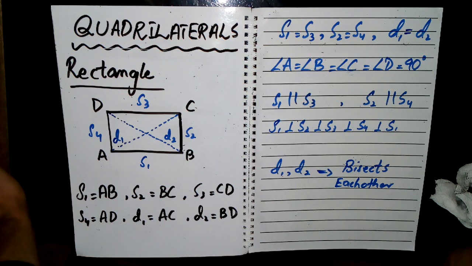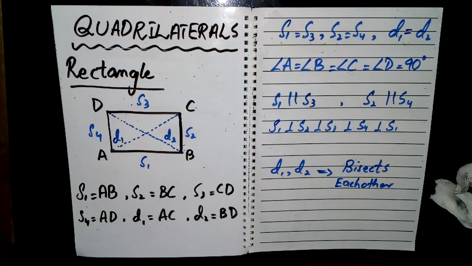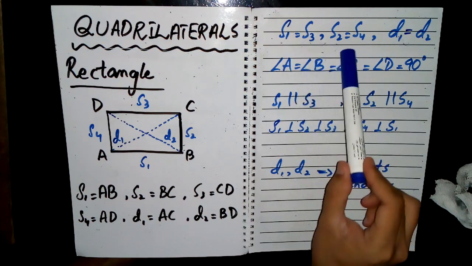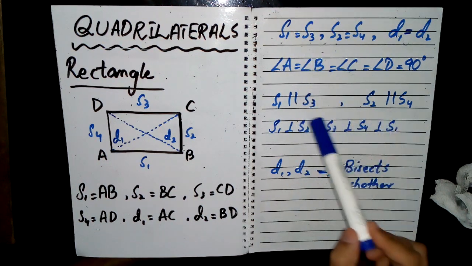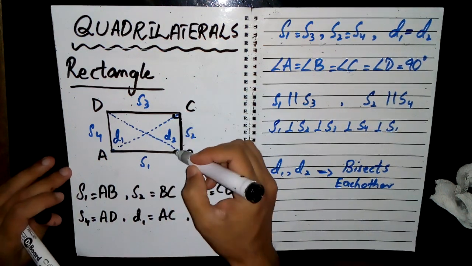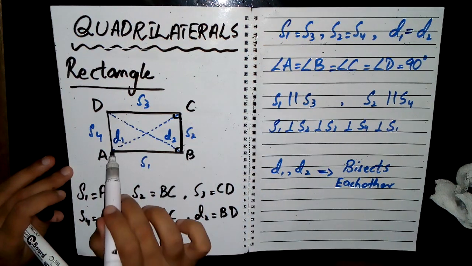Now I am discussing the rectangle. A rectangle has four sides, just like other quadrilaterals. The opposite sides are equal as well as parallel, and all the angles here must be 90 degrees.